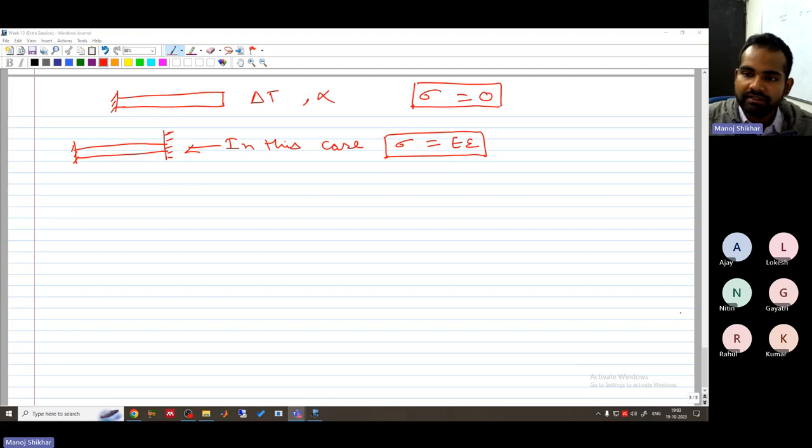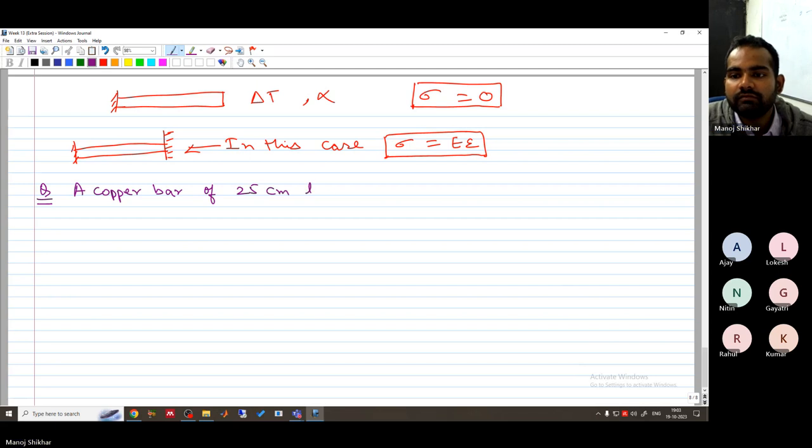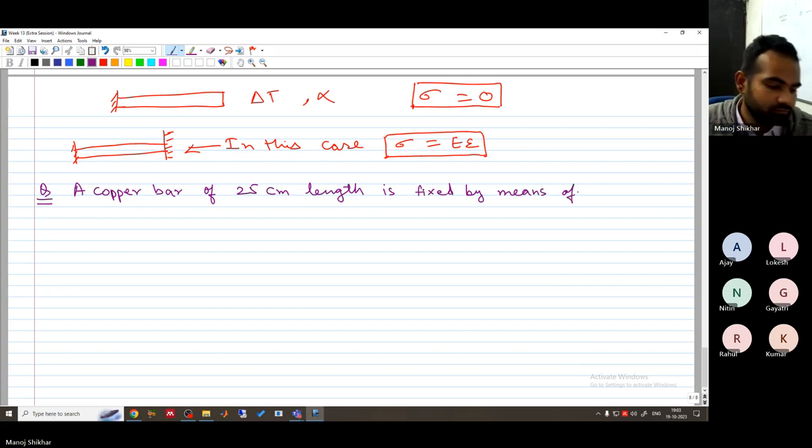Now let's do a problem which is related to this topic, but slightly different. The question is, a copper bar of 25 centimeter length is fixed by means of supports at its ends.